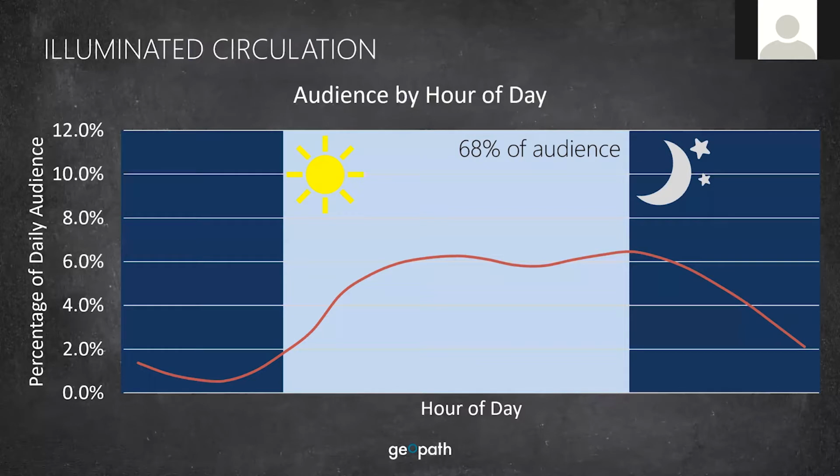So here's an example. This is actually a unit from Williamsburg. Pulled that out. 12-hour ambient light illuminated. Right, 68% of the audience is occurring during that 6 a.m. to 6 p.m. period.